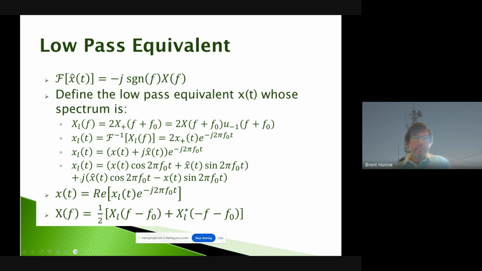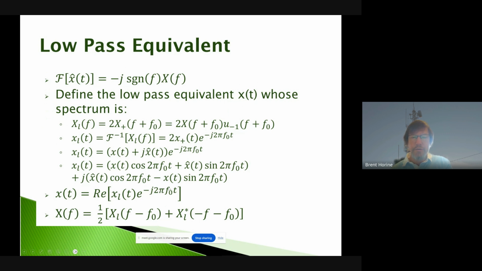So we get down here and we can see that x of t is equal to the real part of the low pass equivalent signal in the time domain, right? So we're in the time domain. So the real x of t, the bandpass version of it, is equal to the real part of the low pass equivalent times this complex exponential, e to the j 2 pi f naught t.